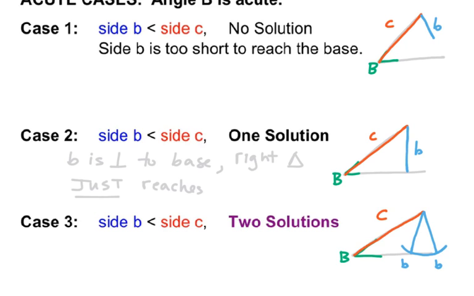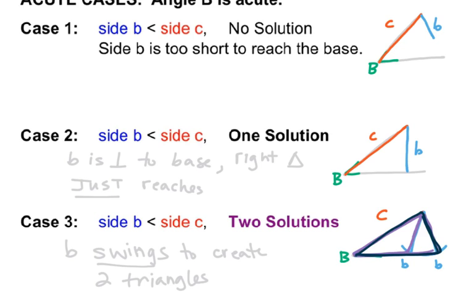So this is our 2 solution situation. We would have this triangle, as well as the larger triangle. Let me use a different color for that. So we have the smaller inner triangle and the larger triangle. So we're thinking about this, and we're saying that this side B, right?